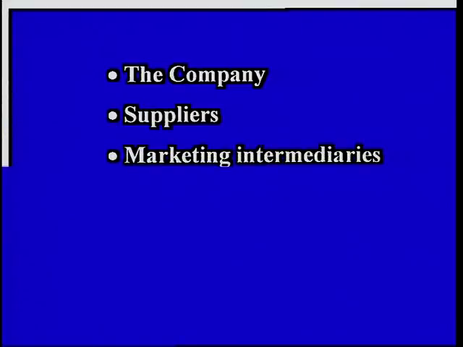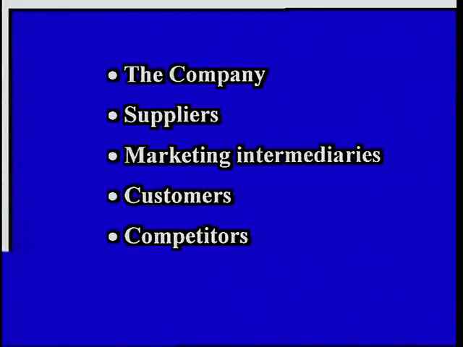They include number one, the company, number two, suppliers, number three, marketing intermediaries, number four, customers, number five, competitors, and number six, the publics. So now we discuss each of the forces in detail.